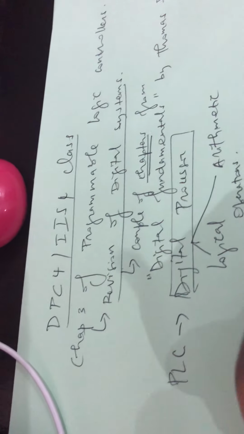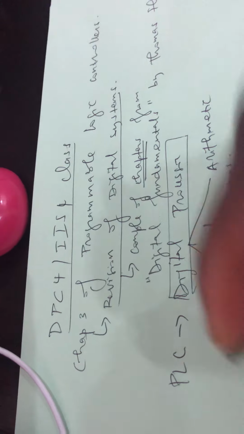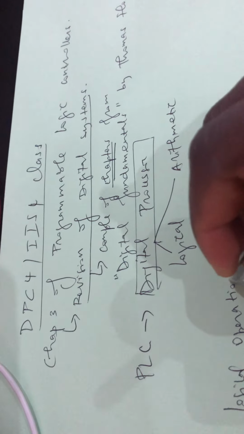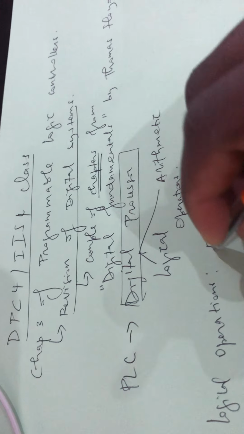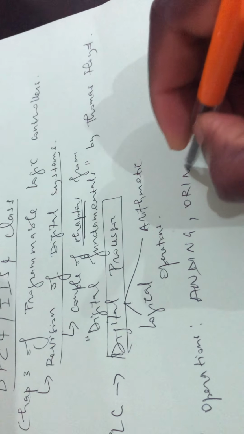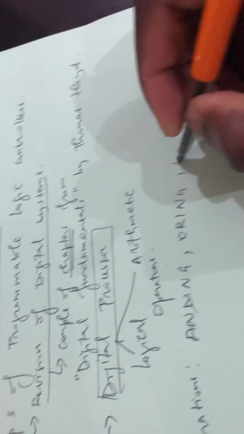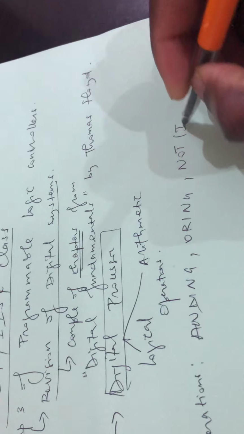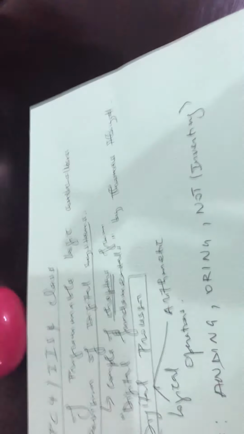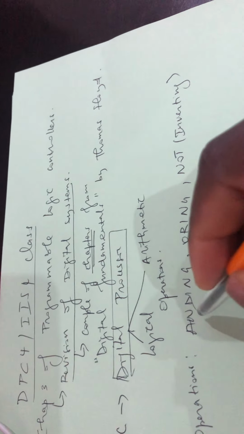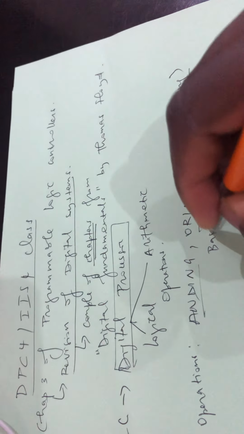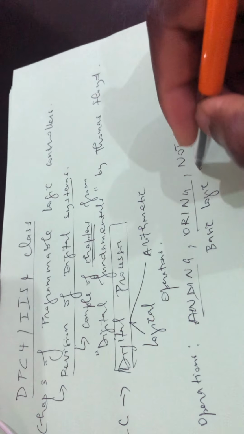And when it comes to logical operations, these refer to the process of ANDing, ORing, NOTing or inverting. And as we know from Digital Systems 1, those three, ANDing, ORing, and inverting, represent what we call basic logic functions.